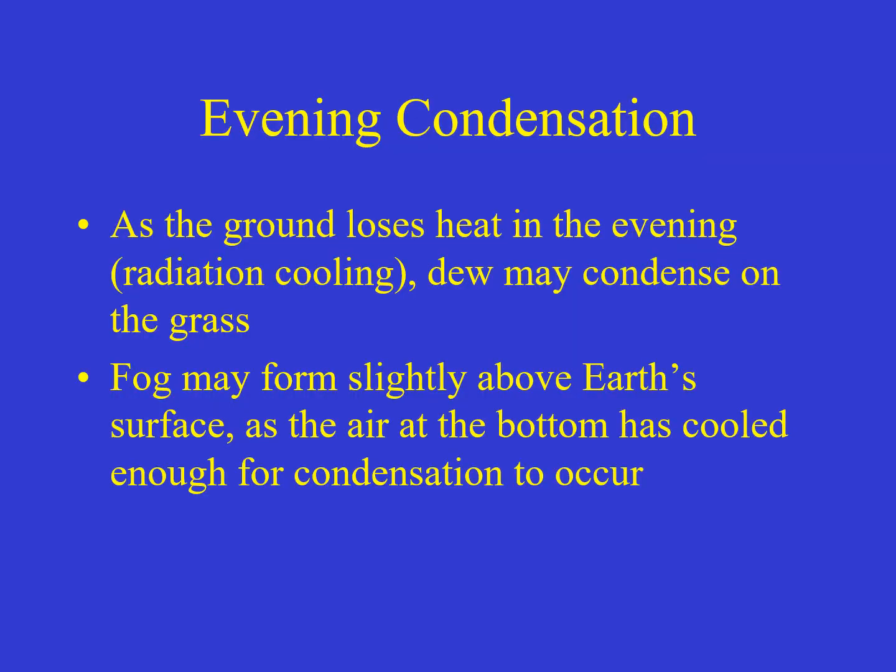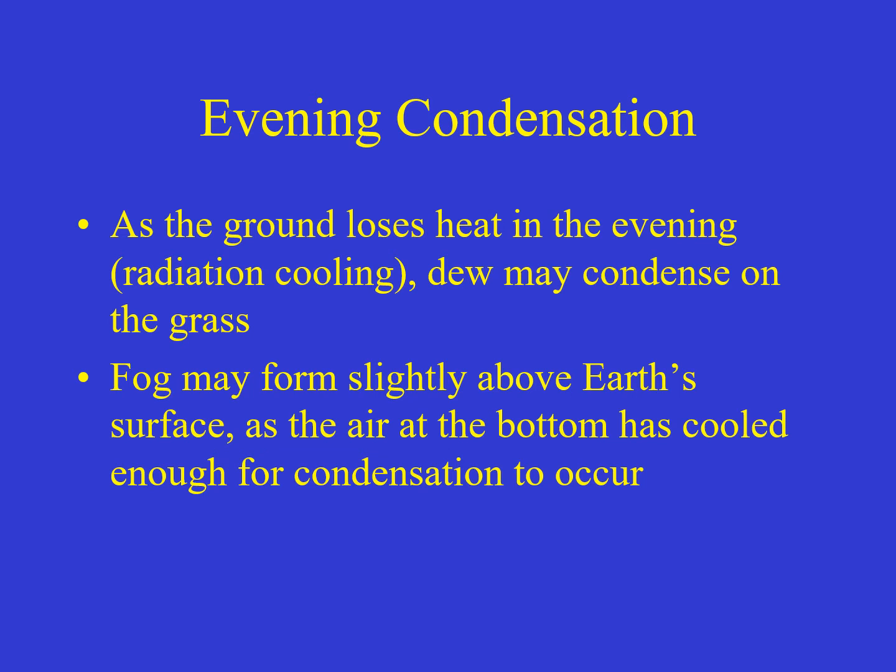Evening condensation. Okay, so the sun sets, we're no longer bringing in that short wavelength radiation, and we're starting to lose that terrestrial re-radiation that the Earth spit back out and that the greenhouse gases trap. So we refer to that as radiation cooling, the ground losing heat in the evening and overnight.